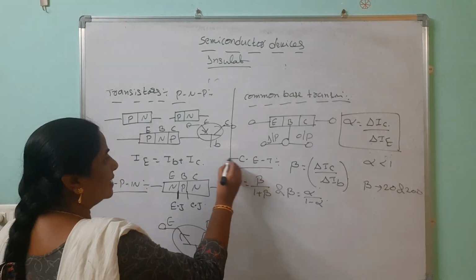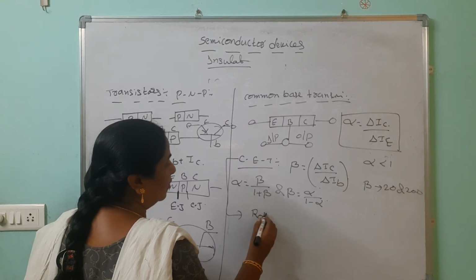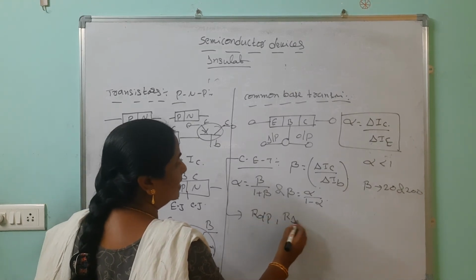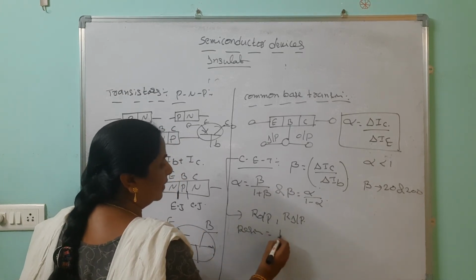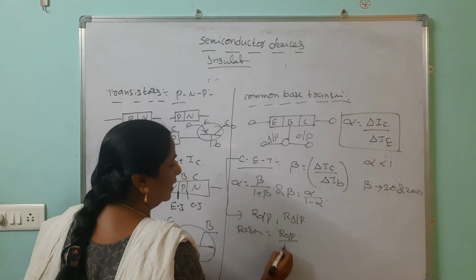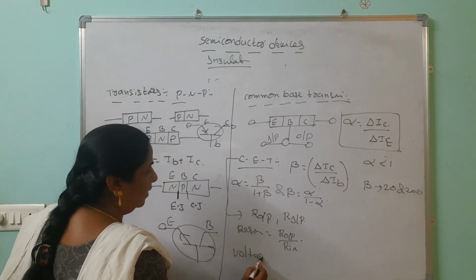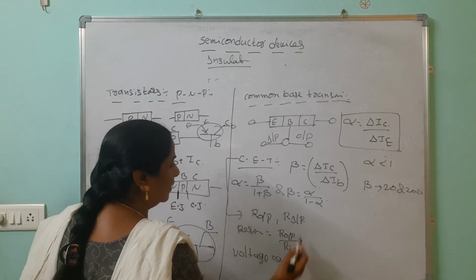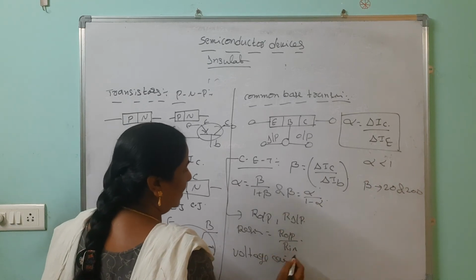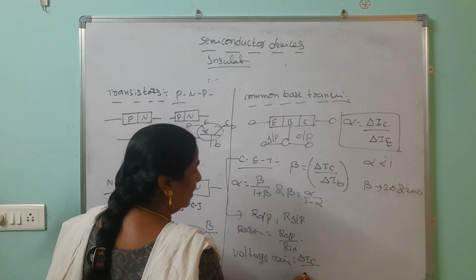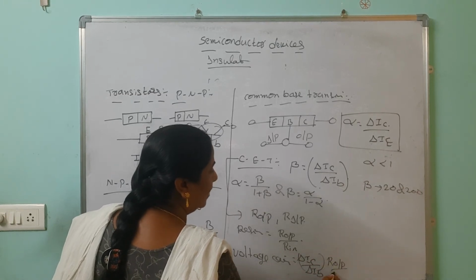Like that in the case of common emitter, you can take the output resistance and the input resistance. The resistance gain equals R output by R input.